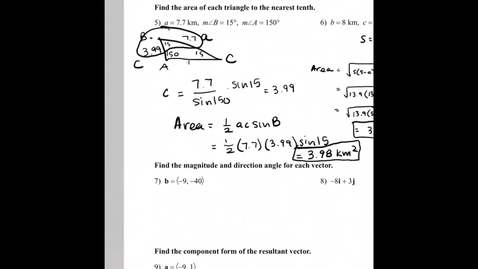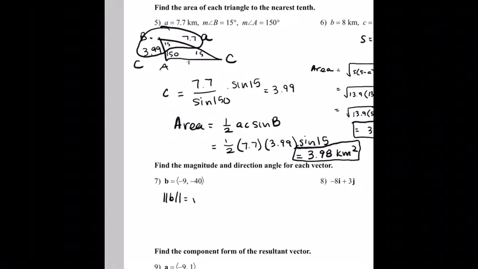That ends, at least at this point, problems from chapter 4. We now swing, well, no, I stand corrected. These vector problems were from 4.3. We haven't gotten to chapter 5 yet. These are vector problems from 4.3, the magnitude and the direction angle for the vector.